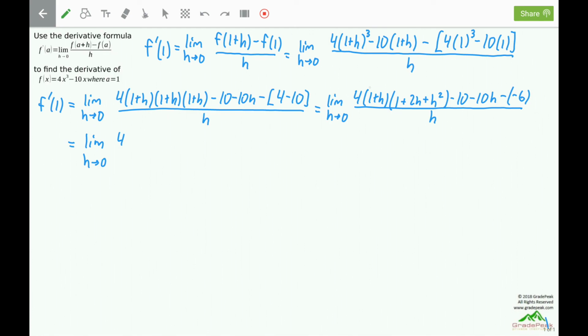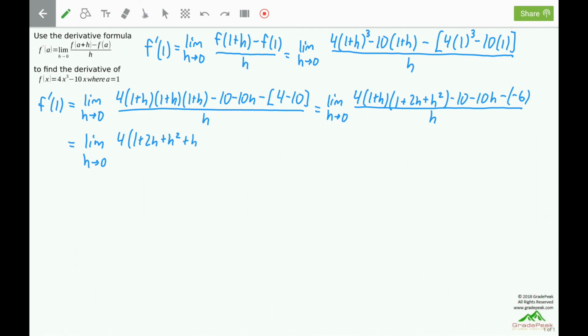To generate the 6 terms, you can take the 1 and one at a time multiply it by each of those and add all those together. 1 times 1 is 1. 1 times 2h is 2h. 1 times h squared is h squared. And then take this second term and multiply it times each of these. Add those together.